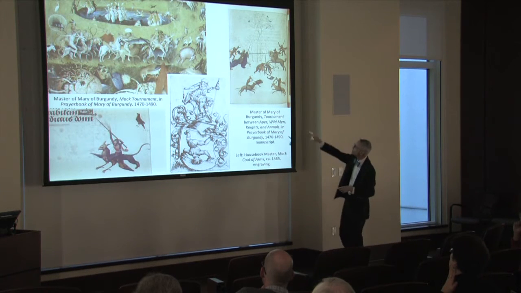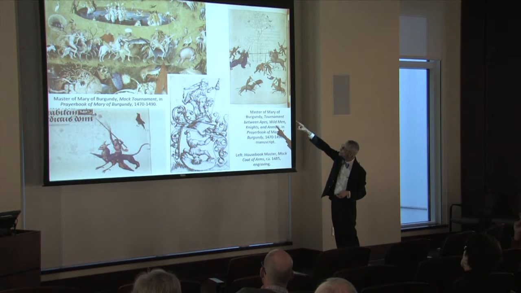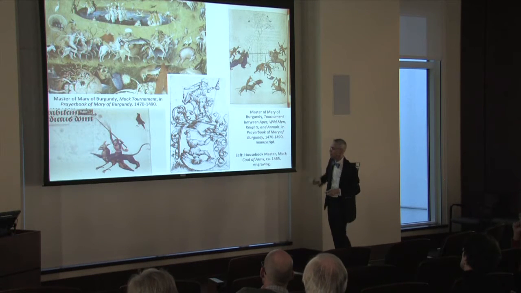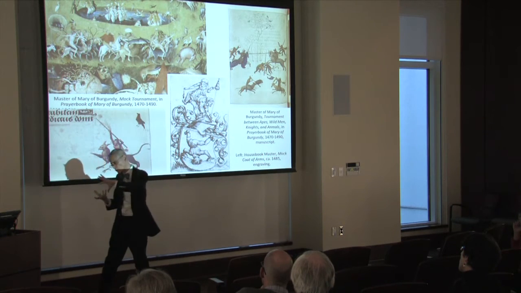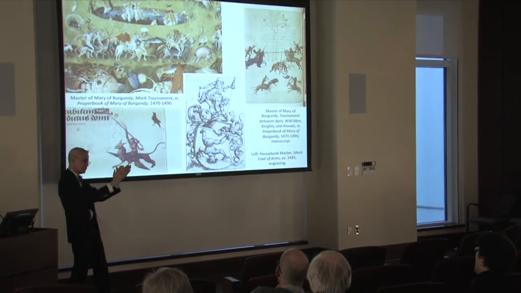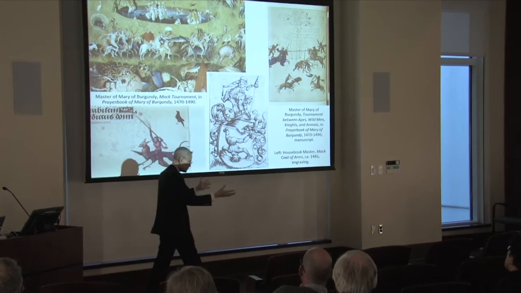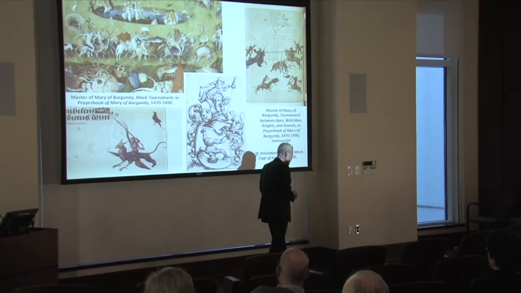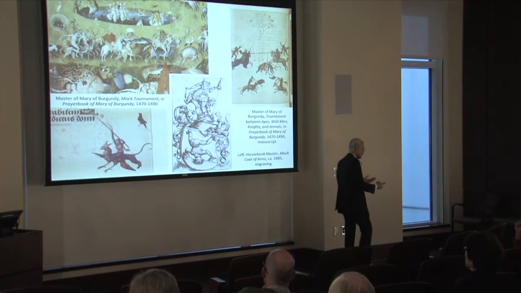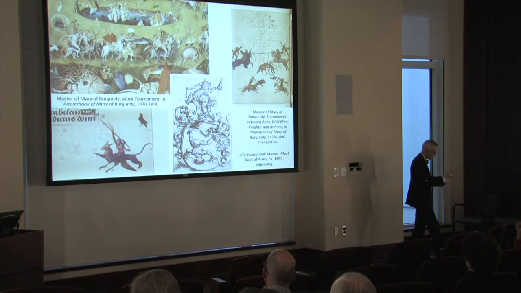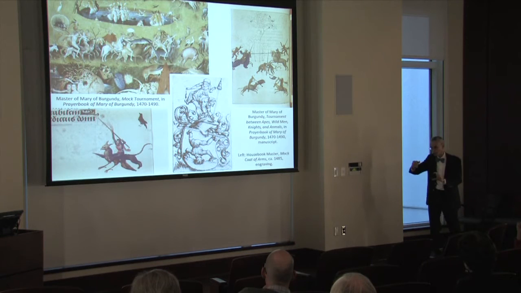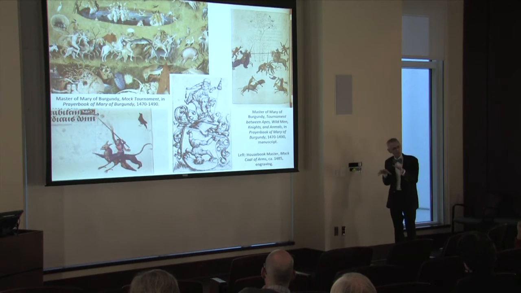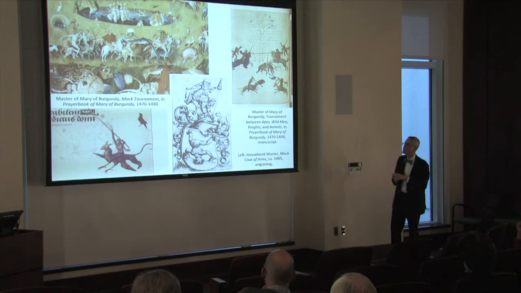And they're based on margins of manuscript illumination in which we see an inversion of what we generally find at the center of the manuscript page. At the center of the manuscript page, you'll often find a religious scene, or in secular manuscripts, a very decorous scene. And then the margins are where you put the very indecorous images. And then people would think about the relation between the decorous and the indecorous.